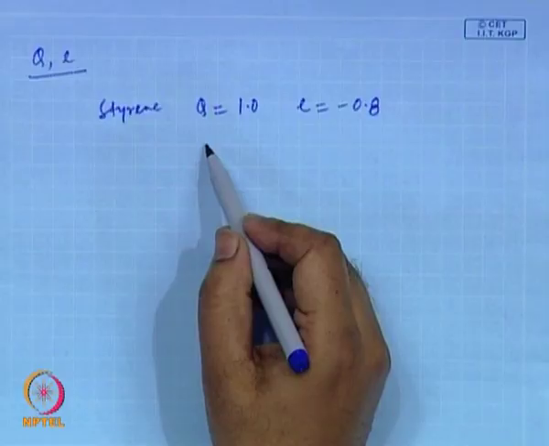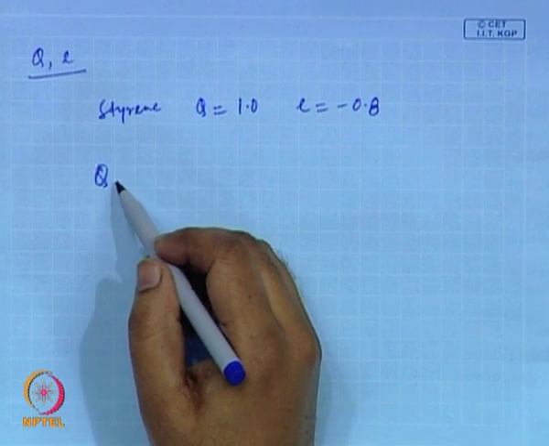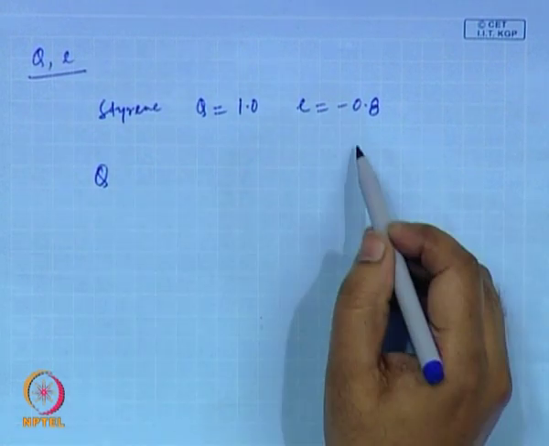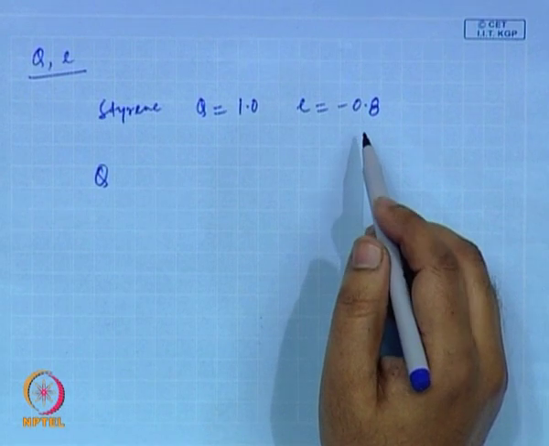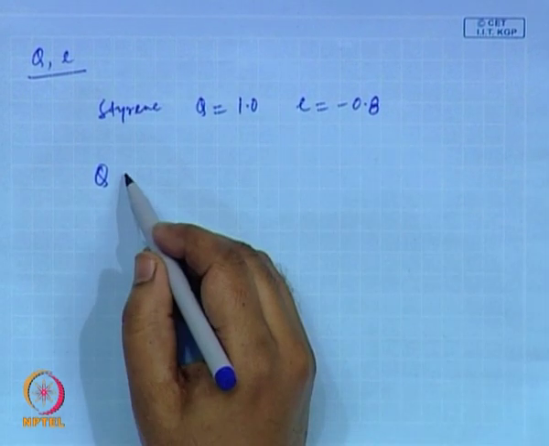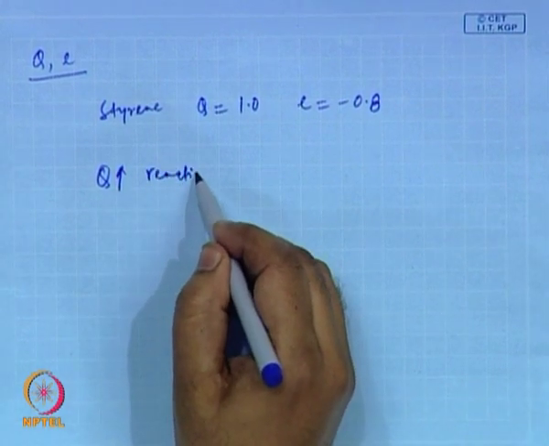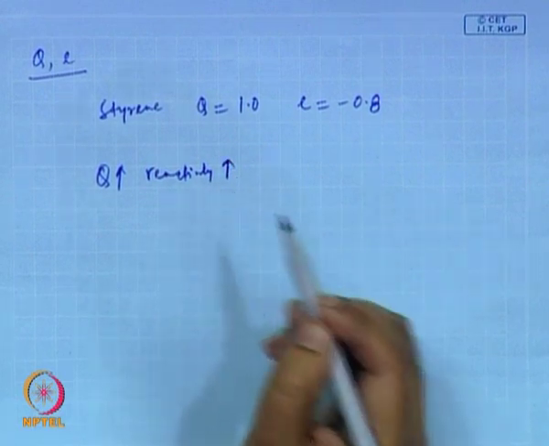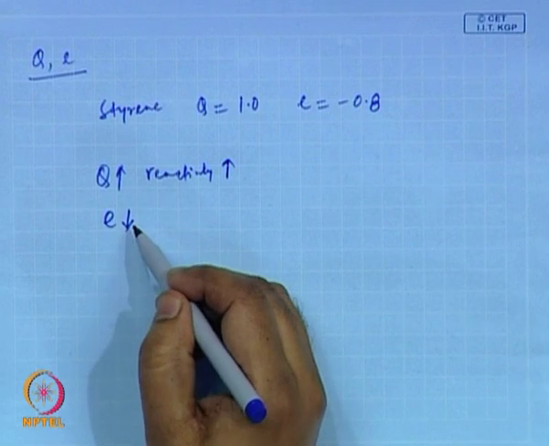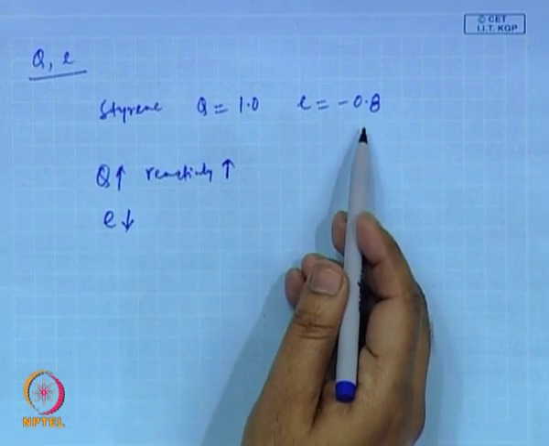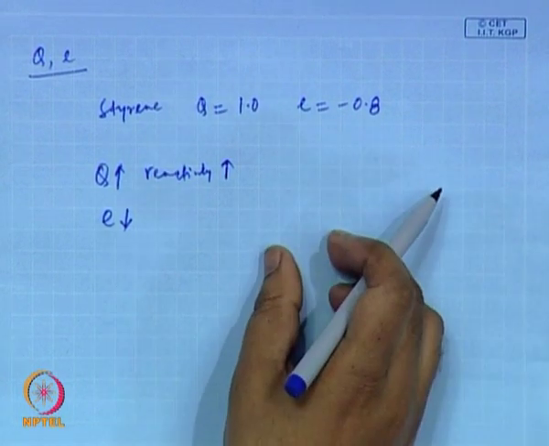Now, obviously, Q is a measure of reactivity as we have seen, and E is a measure of electrostatic charge. So, if Q goes up, the reactivity will go up. E is a measure of electron density, electrostatic charge, basically the electron density on the double bond.